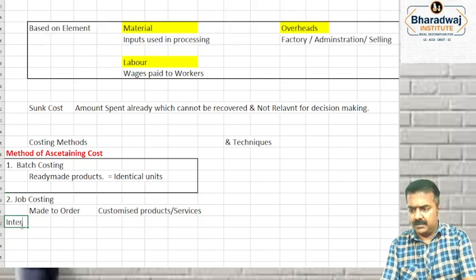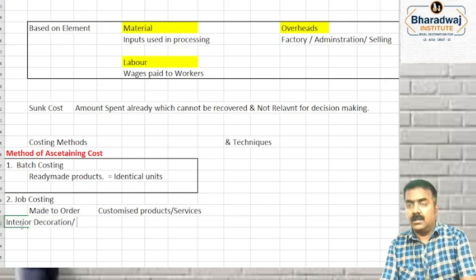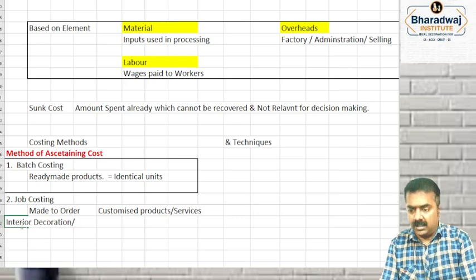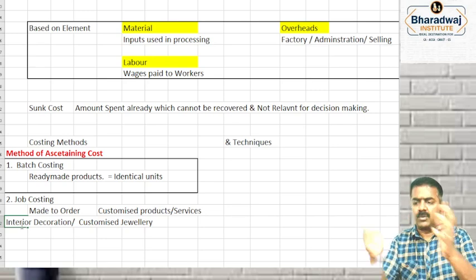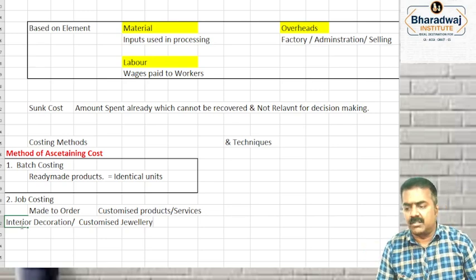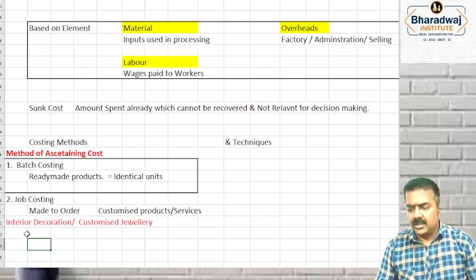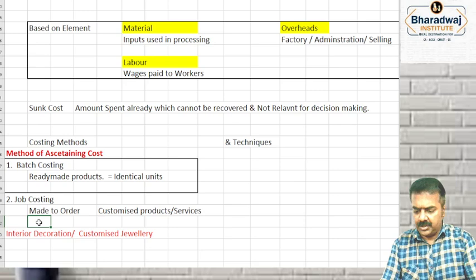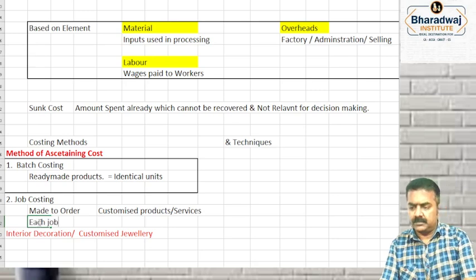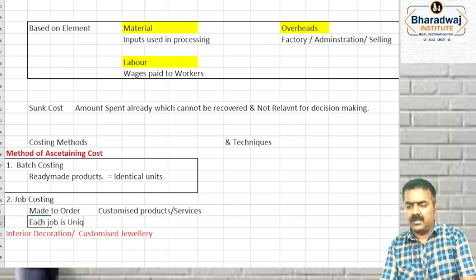Interior decoration. Customized jewelry or ornaments. Wherever work is customized according to the instruction given by the customer. So simple. Each job is unique. What do you mean by unique?